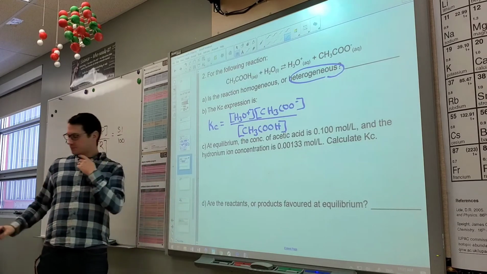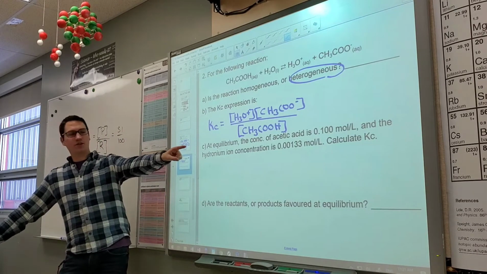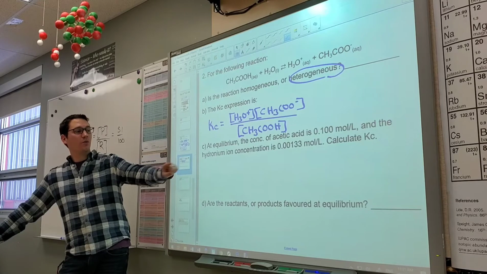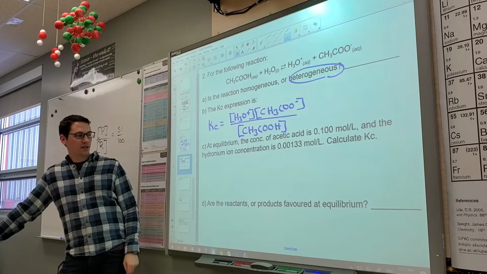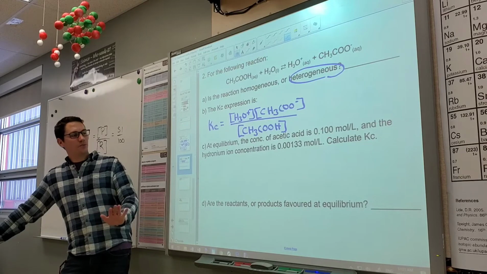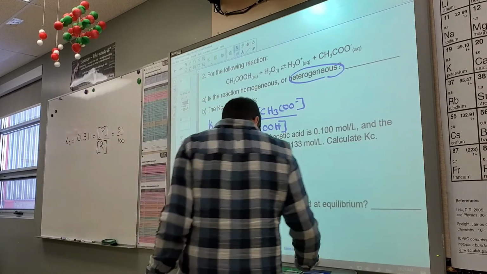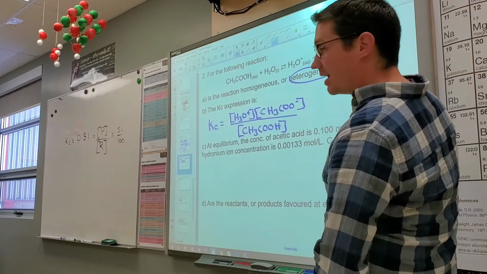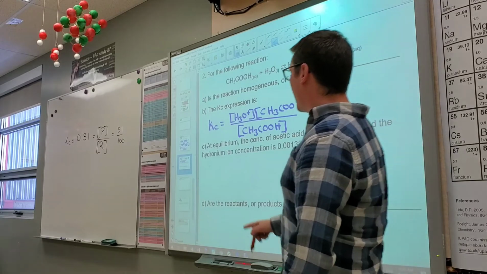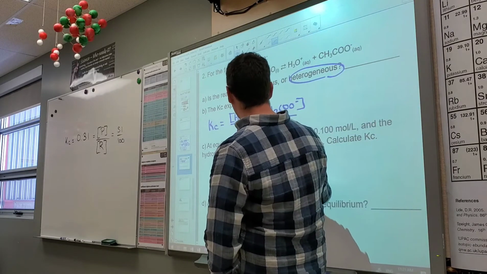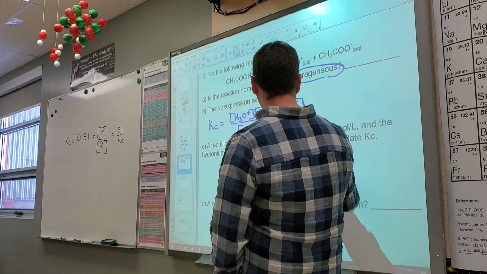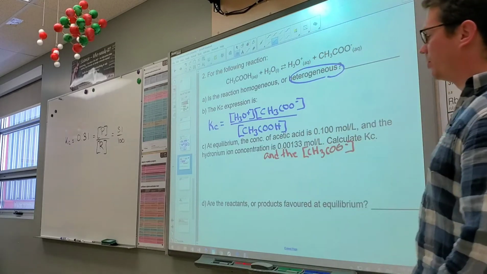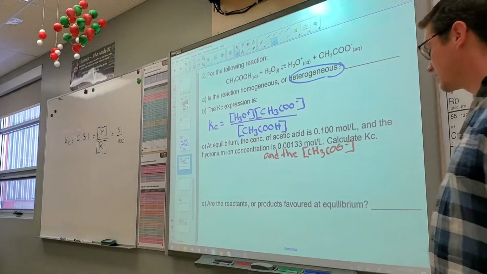At equilibrium, the concentration of acetic acid is 0.1. The hydronium ion concentration is 0.00133. Calculate the Kc. Now, here's the problem. You don't know this yet, but it's implying that the hydronium concentration and the acetate concentration are both 0.00133.